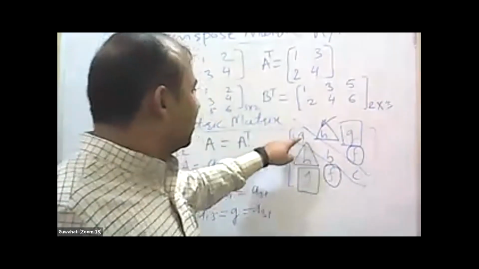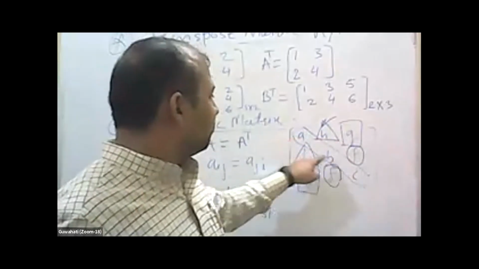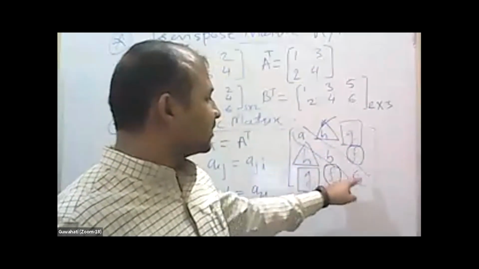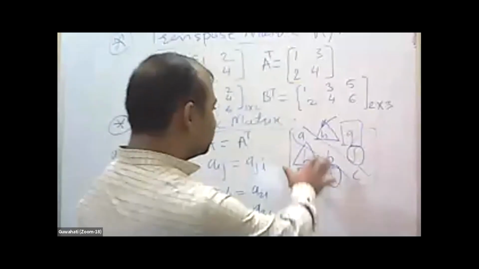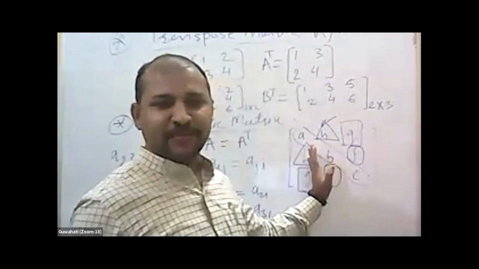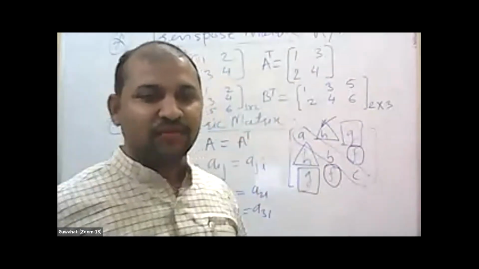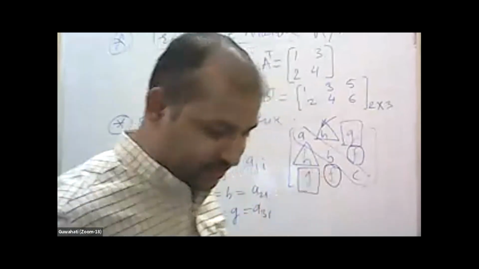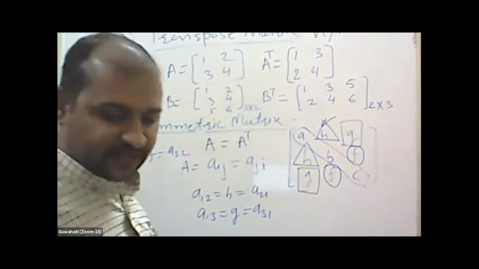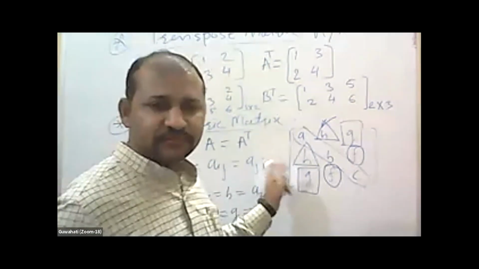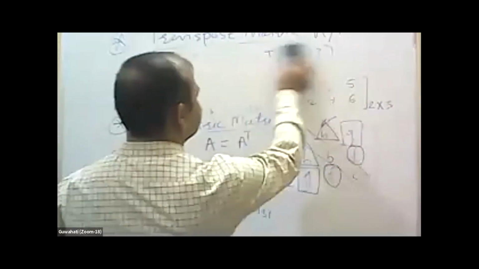So if this kind of matrix is there, then you call it a symmetric matrix. Another matrix is called an asymmetric matrix. Is it clear? Yes, sir, it's clear.